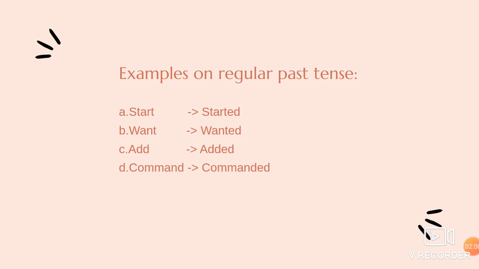And for the t sound, such as walked, talked, typed, and the d sounds are smelt, whispered, light, bent. So those are the examples of the t, d, and ed sounds.